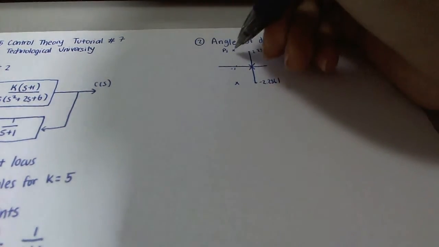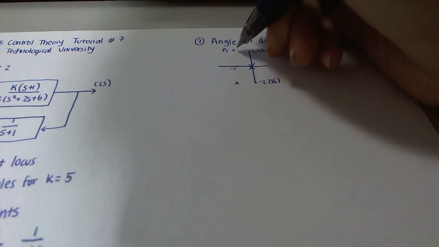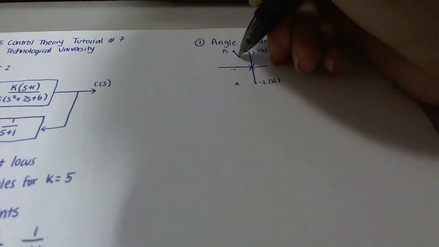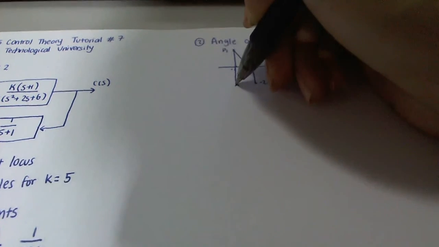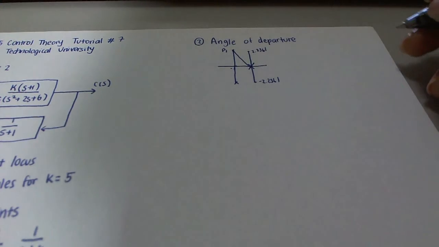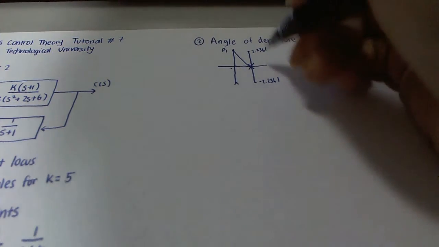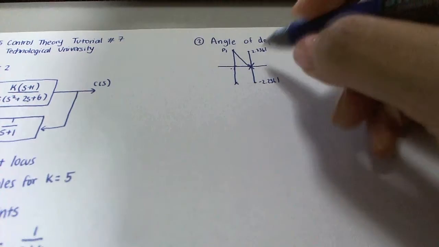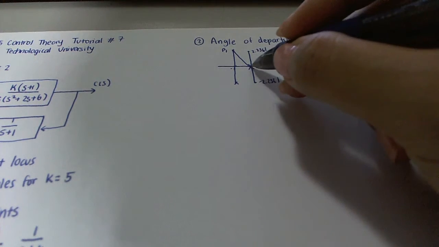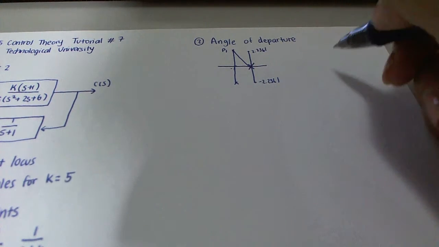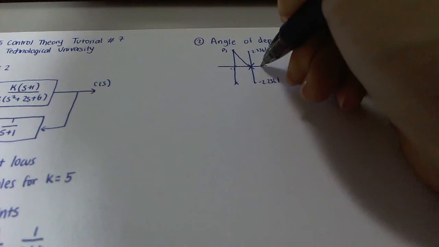First, we draw the lines connecting P1 to the other poles, so we have those two lines. Then we take the angle from the associated pole to P1, measured from the positive x-axis on that pole.